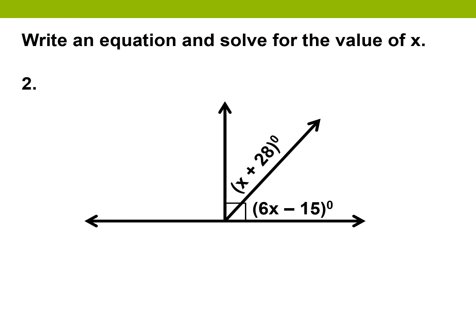Write an equation and solve for the value of x. So again, this is supported by complementary angles. So complementary angles, the sum of their measures is equal to 90 degrees.